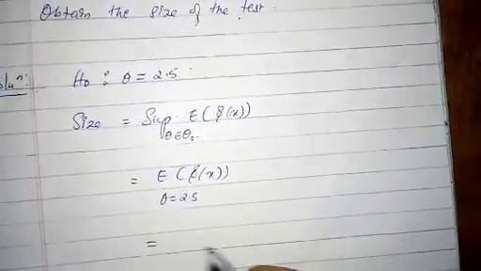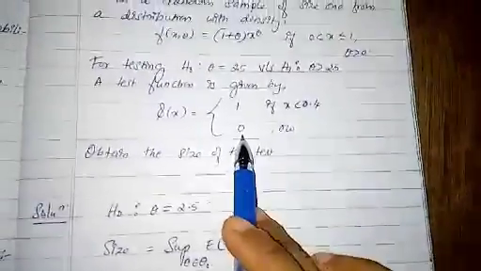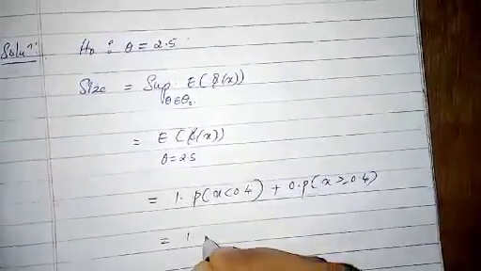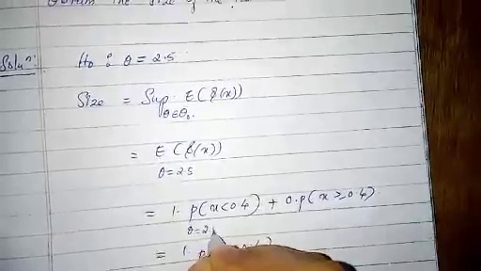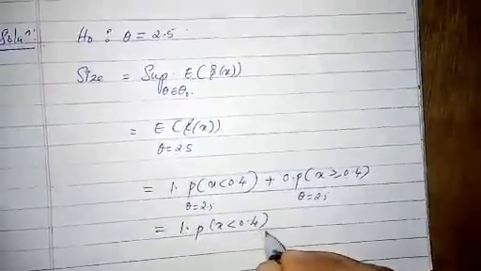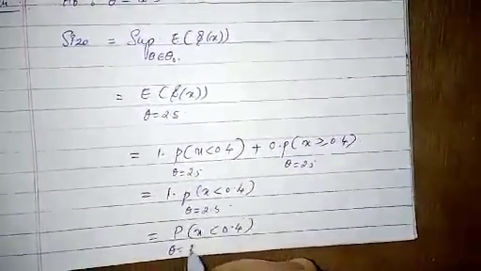Then the expectation value here is 1 into probability of x less than 0.4 plus 0 into probability of otherwise, so x greater than or equal to 0.4, which is equal to 1 into probability of x less than 0.4 under theta equal to 2.5, which is equal to probability of x less than 0.4 under theta equal to 2.5.